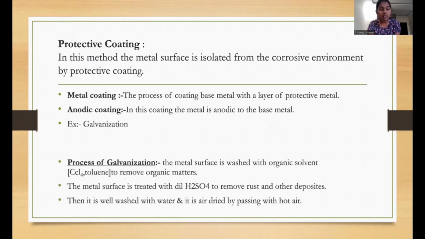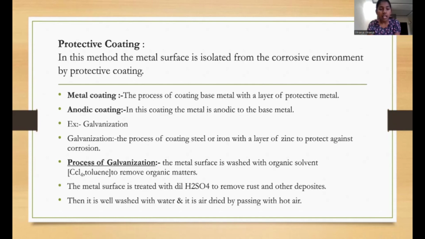The process of galvanization means the metal surface is washed with organic solvents, that is CCl4 and toluene, to remove organic matter. The metal surface is treated with dilute H2SO4 to remove rust and other deposits. Then it is well washed with water and air dried by passing hot air.